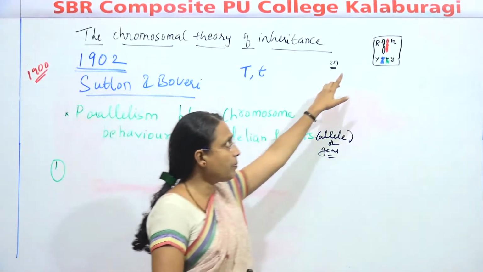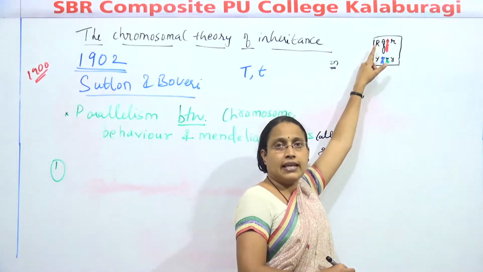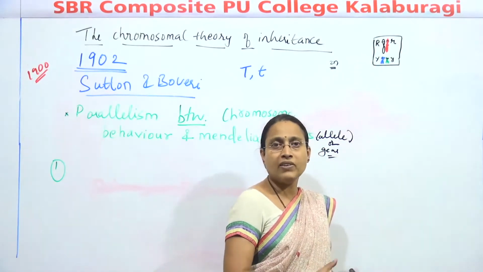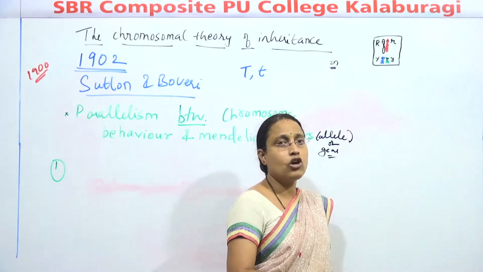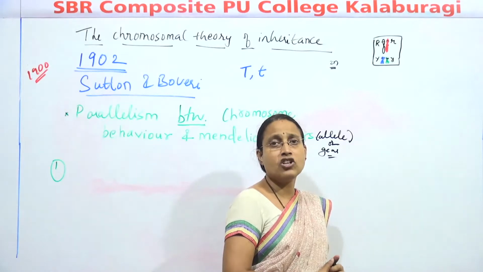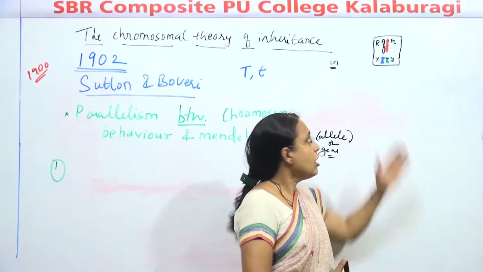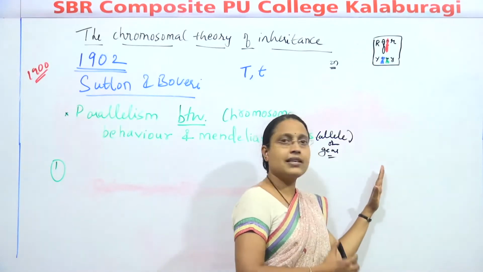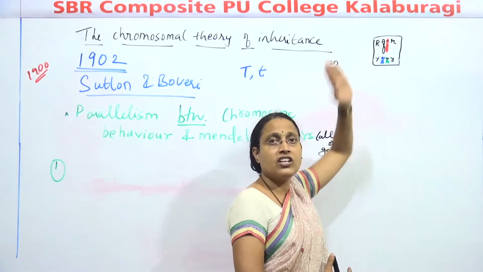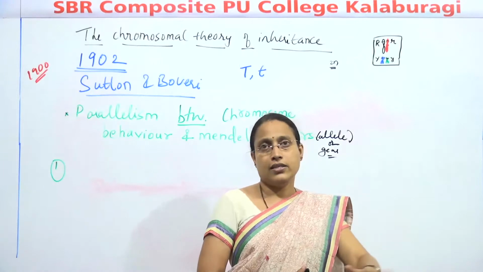For example, R represents the shape of the seed. In the next generation, it does not change to something else or mix up with another chromosome. It does not code for tallness and so on. It will be for the shape of the seed. So it does not undergo any changes. Its character, its nature, its functionalities remain as such from one generation to the next.